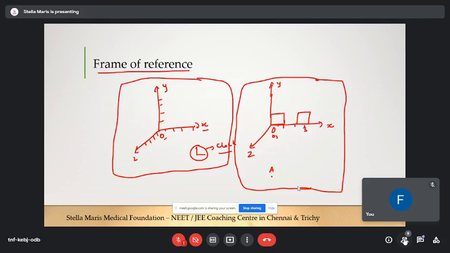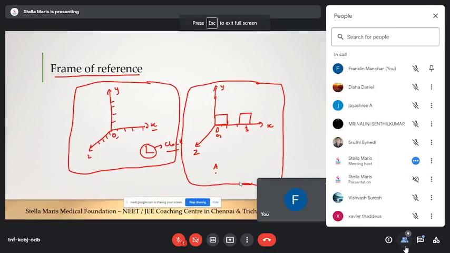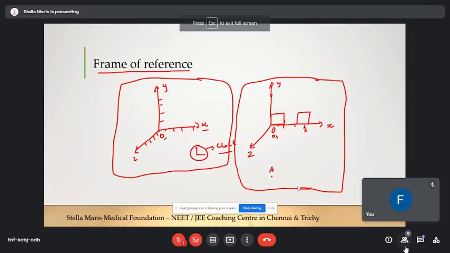So that's why you're saying, according to you, this object is moving along the x-axis, right? What if the object is moving from here to here? What will you say? These are the y coordinates, so according to you, the object is moving along the y-axis, right? Yes, sir. So everybody get it?